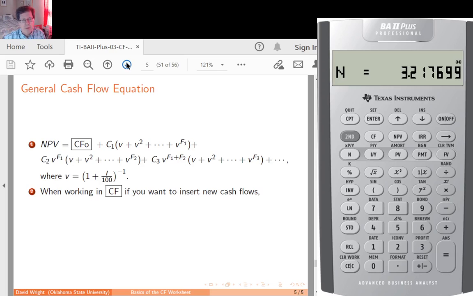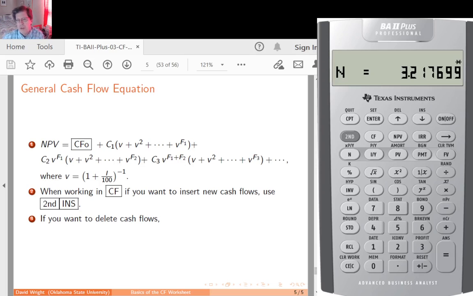And a couple of last little details. Let's say you put in a complicated cash flow with a lot of different terms, and suddenly you realize you wanted to add one in the middle, or you forgot one. There are ways to do that. They use second insert and second delete.